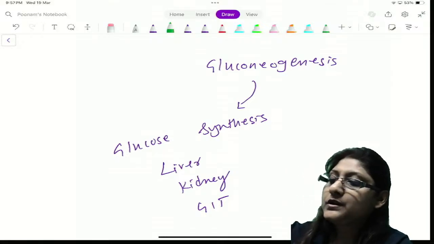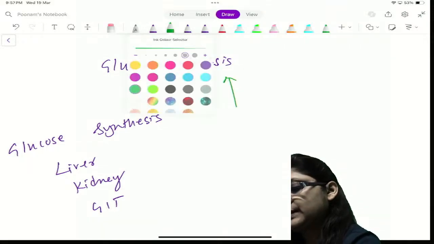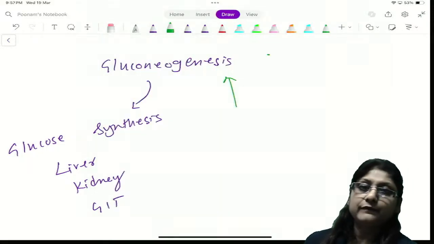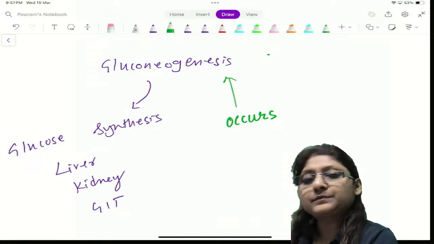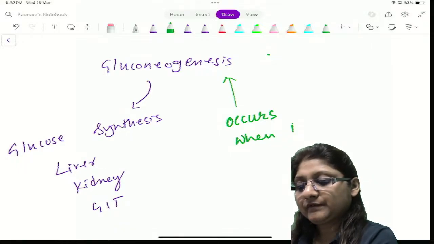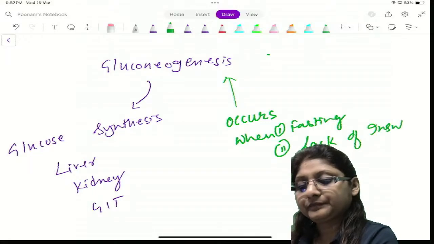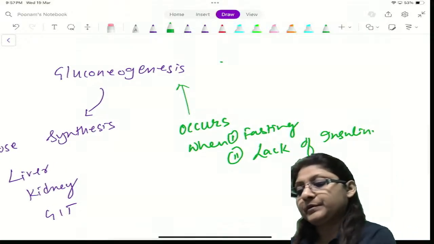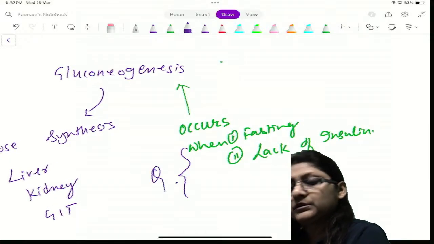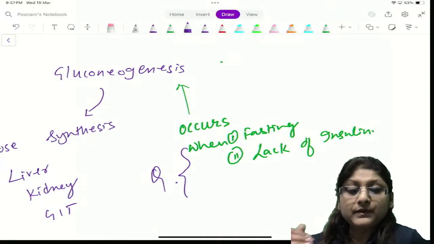You must know this gluconeogenesis is an energy consuming process. So this process is not occurring every time. If you're eating food, this process will not be taking place. So this process takes place when there is a fasting state, number one, and number two, lack of insulin. So always remember, whenever we are talking about glycolysis, we say that glucose must be available. The insulin must be available.